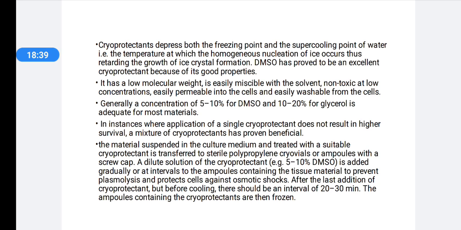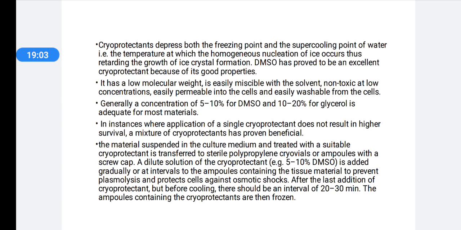A concentration of 5 to 10% DMSO or 10 to 20% glycerol is the most used and adequate for most germplasms. We can also use a mixture of cryoprotectants if that is more beneficial.